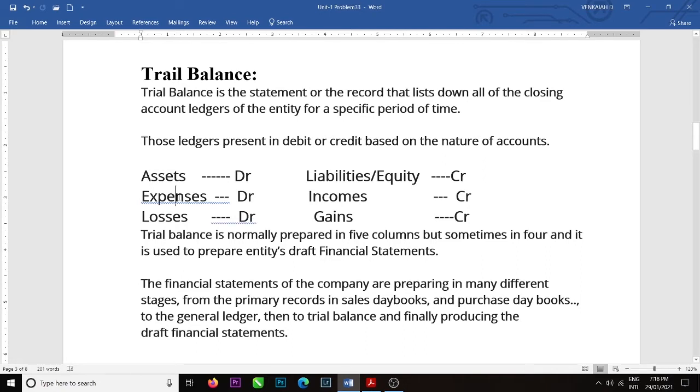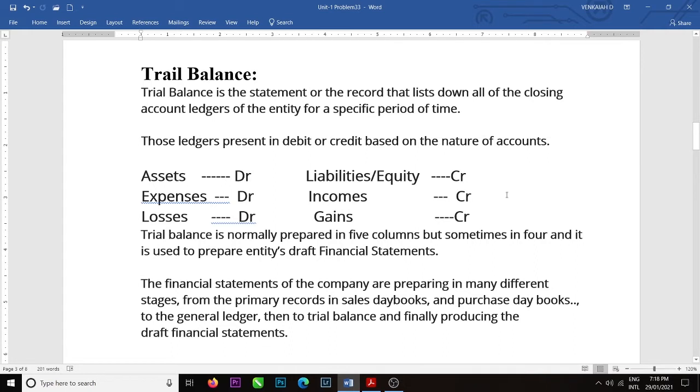Expenses, salaries, wages, those will show a debit balance. Losses, abnormal loss, normal loss, that also shows a debit balance. In the same manner, liabilities and capital are credit, incomes are credit, gains are also credit.